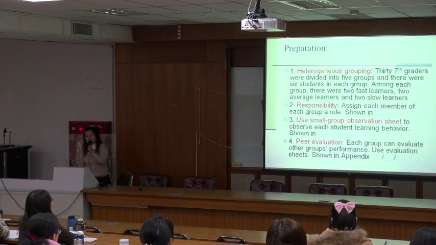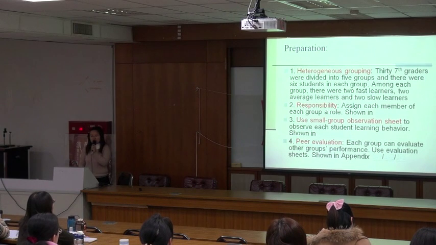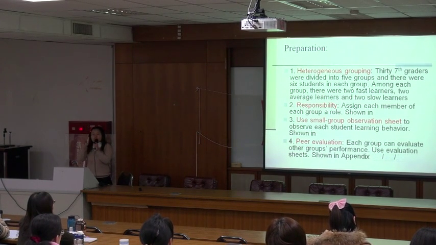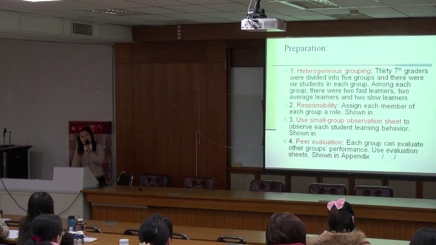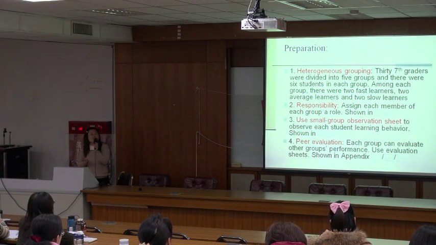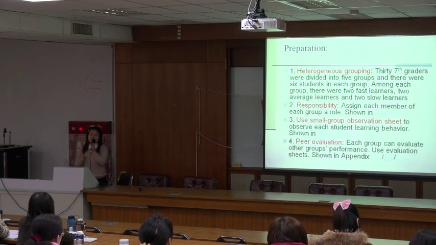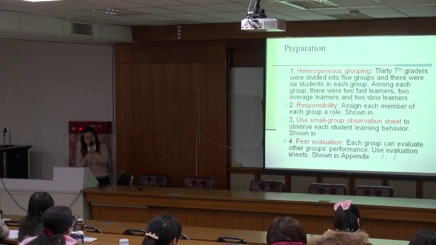My participants are 7th graders, and I divide them into 5 groups, and there were 6 students in each group. Among each group, I select two high achievers, 2 medium achievers, and 2 lower achievers.